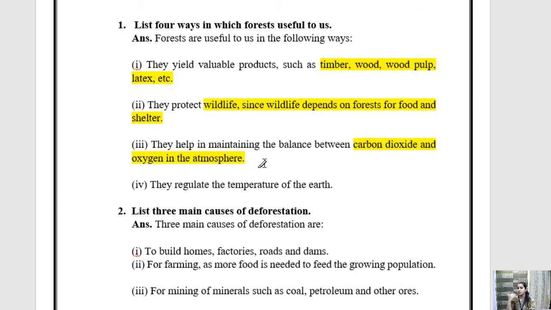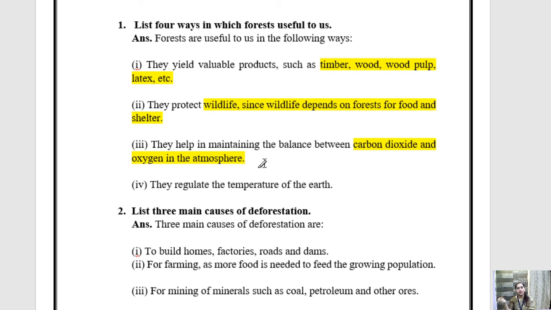There are only plants who can accept these carbon dioxide. Alright, so plants accept the carbon dioxide, and it is definitely maintained by huge and dense trees that are present in forest. Okay, so they help in maintaining the balance between carbon dioxide and oxygen in the atmosphere. Last is they regulate the temperature of the earth. Definitely they regulate the temperature of the earth by regulating the balance between carbon dioxide and oxygen. They maintain the temperature of the earth.